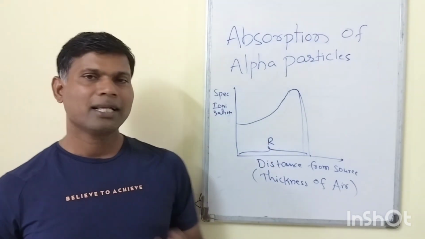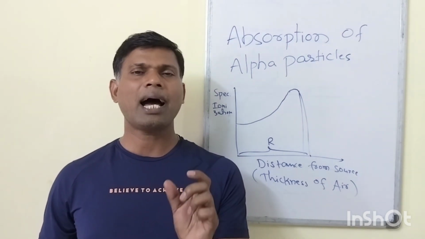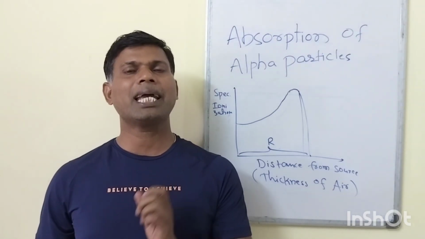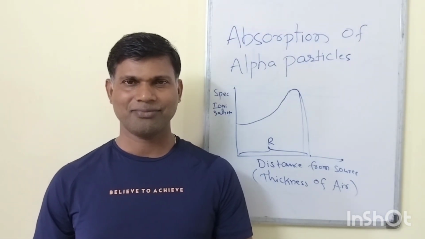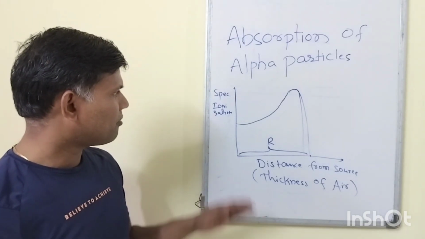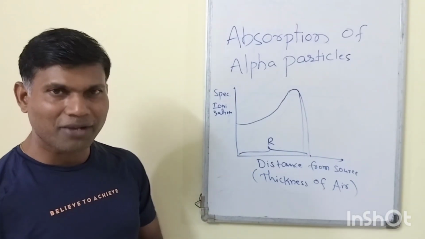But here, the alpha particles coming from the source have approximately equal energy levels. Okay. So this is the importance of this graph. I hope you understood very well.